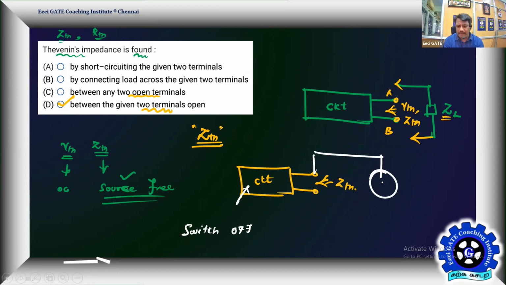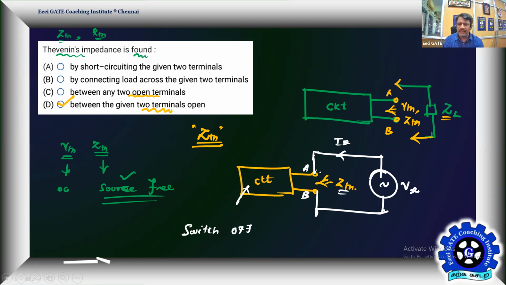Maybe you can make a problem like this. Some potential you can excite the entire circuit with, called Vx, and look for the current Ix. Sometimes this will be useful. That's what we call the Thevenin impedance between A and B, which is anyway the open circuit terminal impedance.